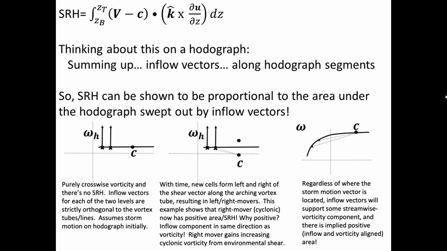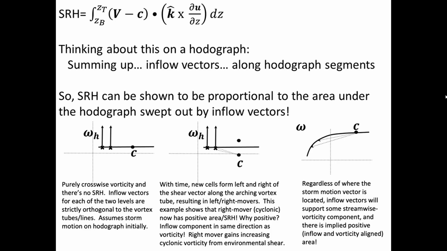Now again, for the case of some arch in the hodograph compared to the case of a purely straight hodograph, in the straight hodograph case we have to have that initial updraft that tilts the horizontal vorticity into the vertical in order to get new rotating updrafts, and then with those new rotating updrafts we concurrently have streamwise vorticity ingestion occurring.